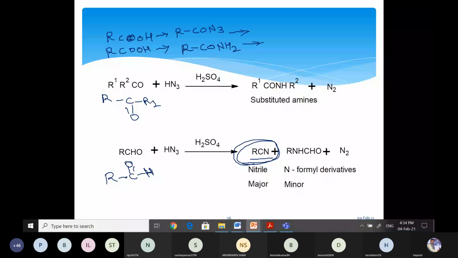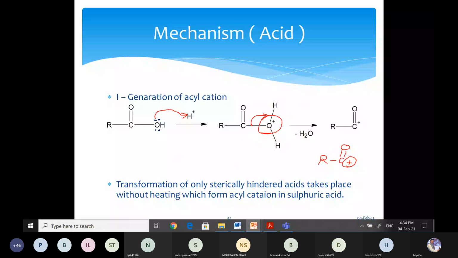First, the mechanism for acid. When we have an acid, RC double bond O OH, as we know carboxylic acid is acidic. But when we carry out the reaction in highly acidic conditions, the carboxylic acid extracts a proton. Normally acid gives a proton, but here the carboxylic acid is abstracting a proton.